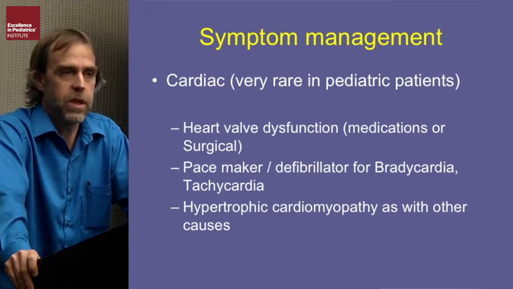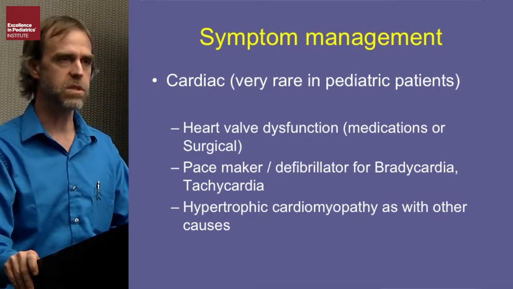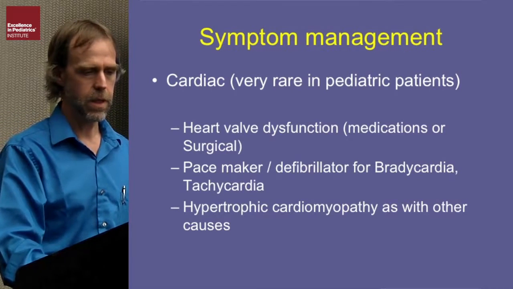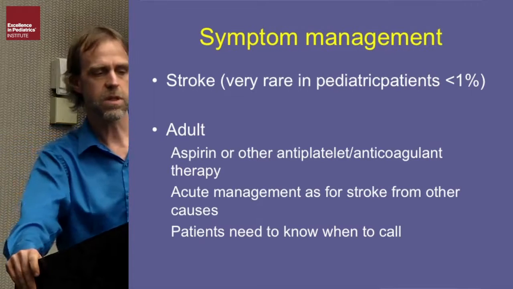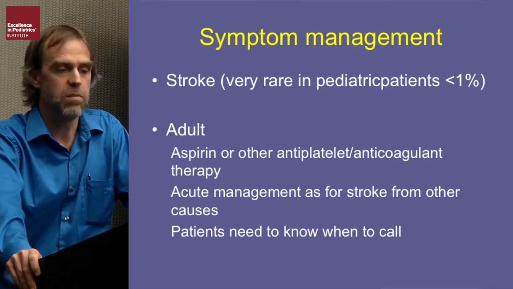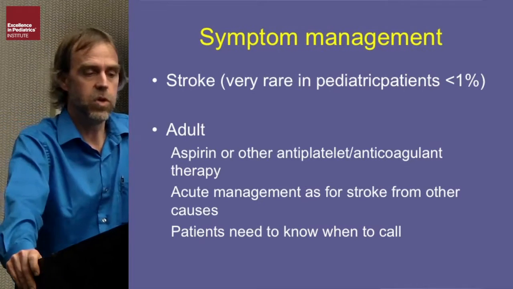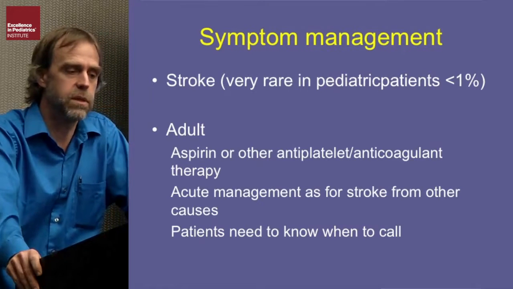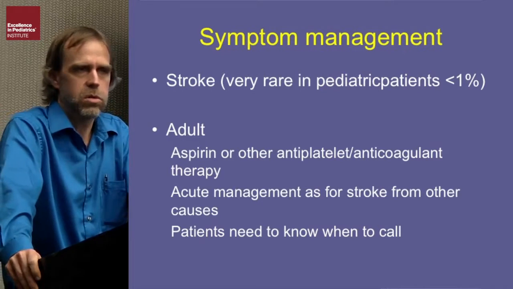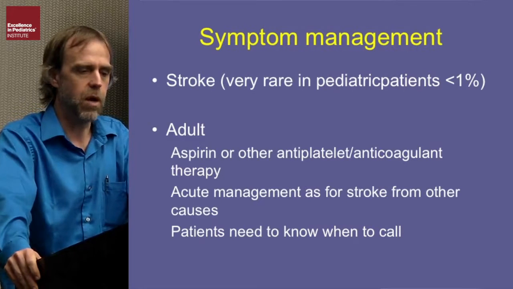Hypertrophic cardiomyopathy happens in about 1% of pediatric adolescents, usually in late adolescence. Symptom management for cerebrovascular disease is very rare in pediatric patients, but in adults, we would treat this with anticoagulant therapies, which would include potentially aspirin, but other anticoagulants may also be used.